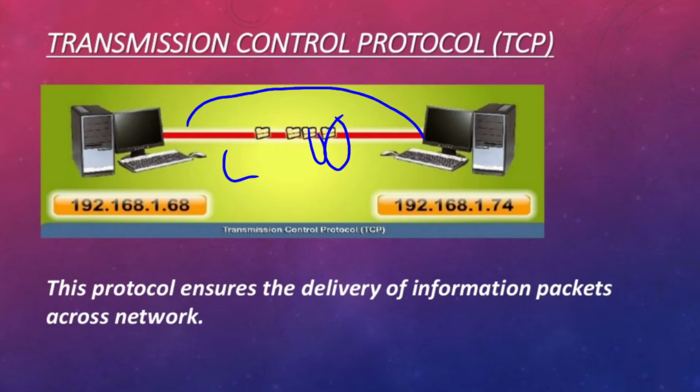This is your client computer and this one is your server computer. The TCP protocol is installed here in the client computer. It is responsible to make sure that whatever is delivered is in the proper form. And then downside here, what you find is a number written, 192.168.1.68, which is the IP address.